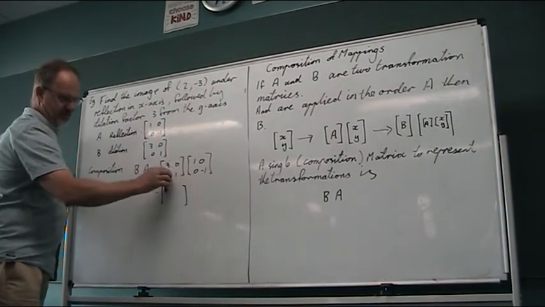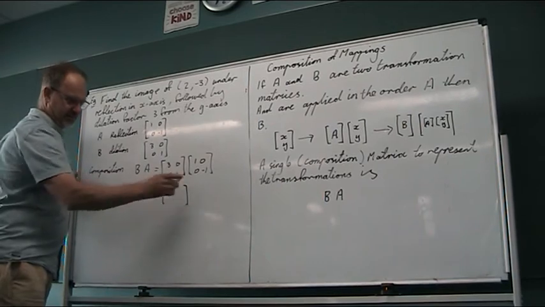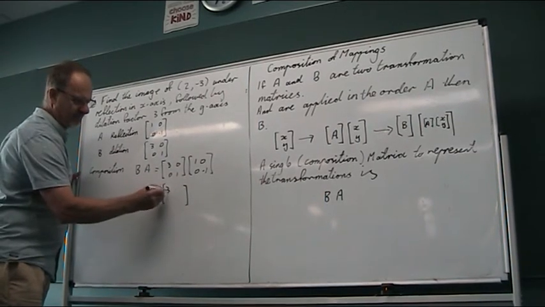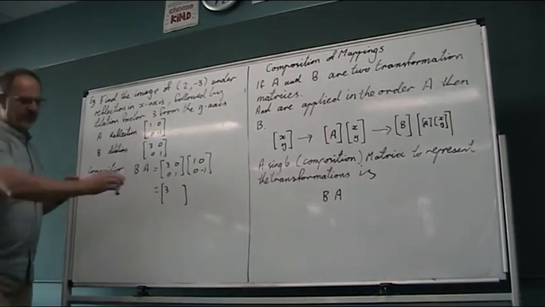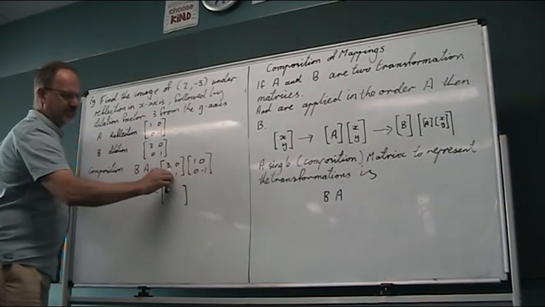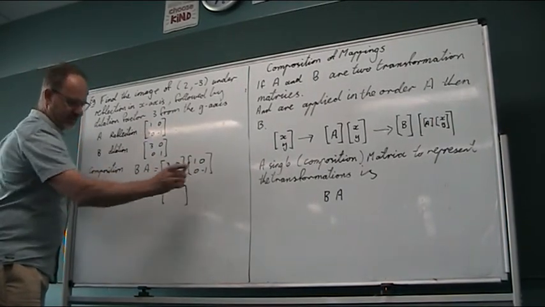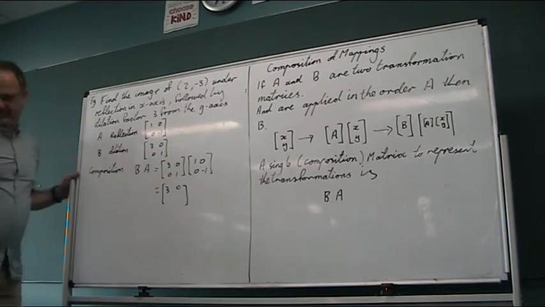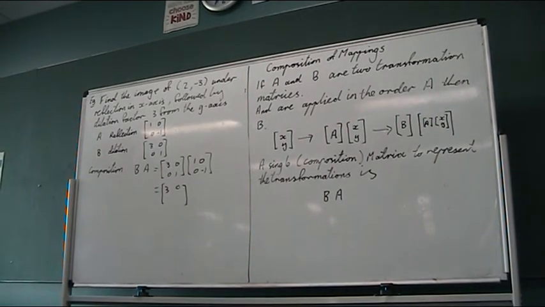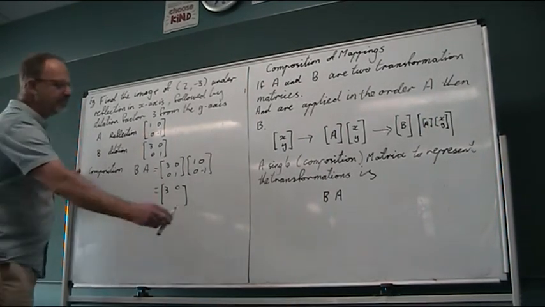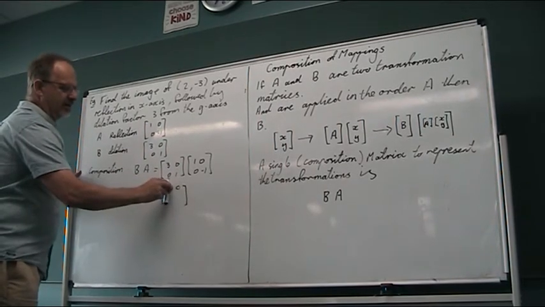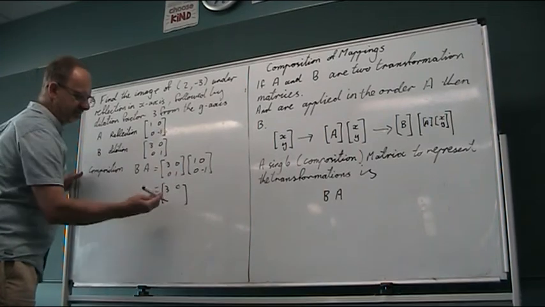First row, first column, 3 times 1 plus 0 times 0 is 3. First row, second column, 3 times 0 plus 0 times negative 1. Second row, first column, 0 times 0 plus 1 times 0 is 0.